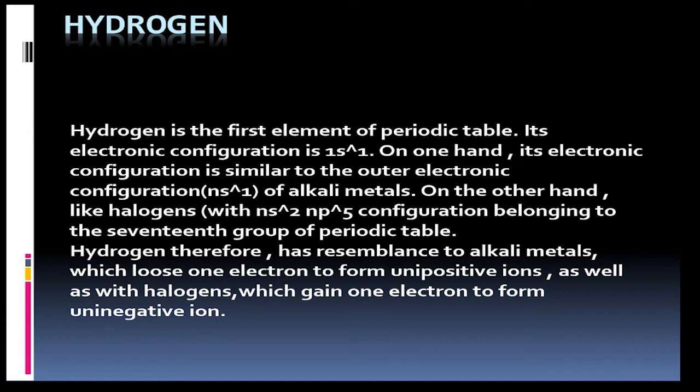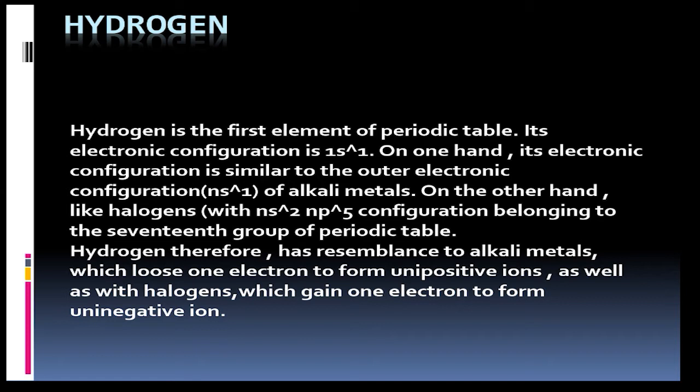On one hand, its electronic configuration is similar to the outer electronic configuration, that is ns1, of alkali metals. On the other hand, it is like halogens with ns2 np5 configuration belonging to the 17th group of the periodic table. In case of halogens, the configuration ns2 np5 requires only one electron to complete its octet or to get stability.